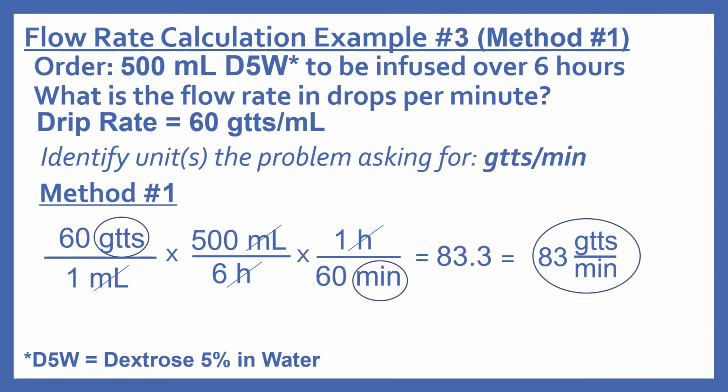So that will give us the correct answer once we do the math. So 60 times 500 times 1 equals 30,000, divided by 6 times 60, that's 360, and that gives us 83.3, and we'll round that to 83, so it's 83 drops per minute.